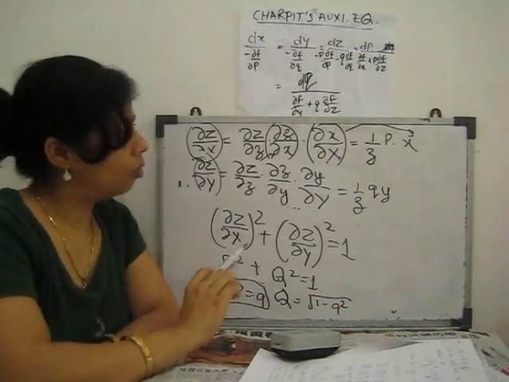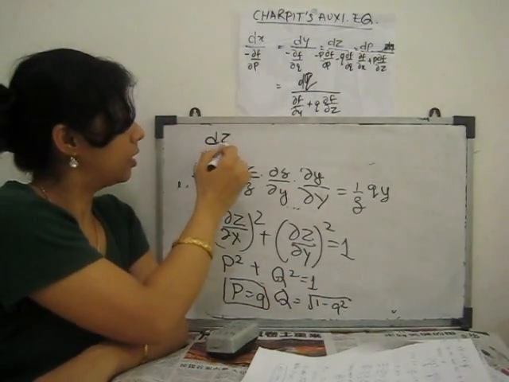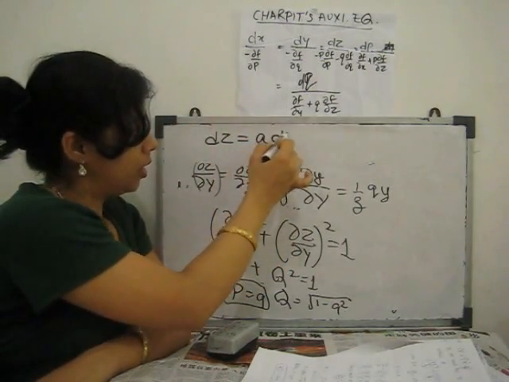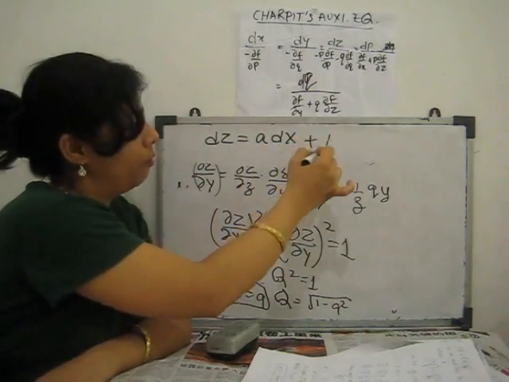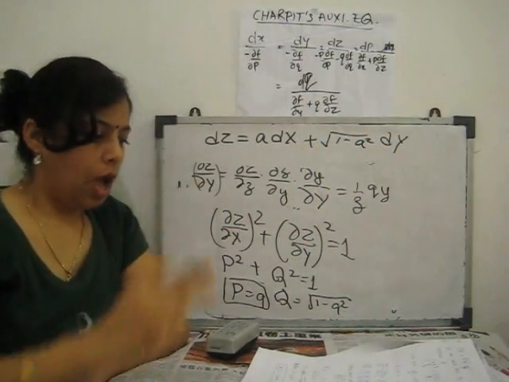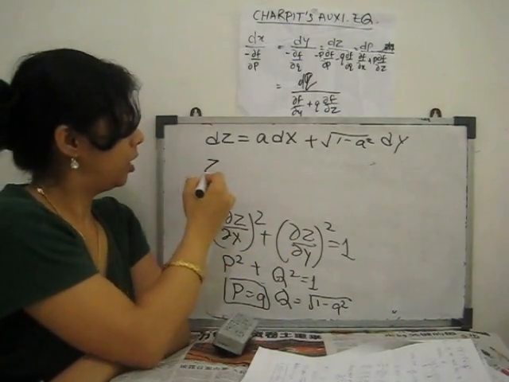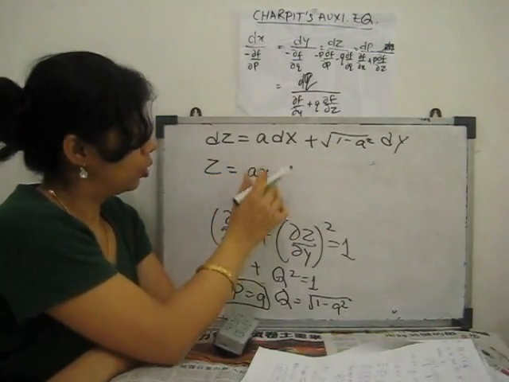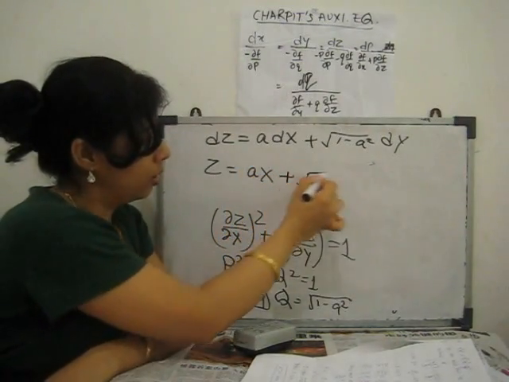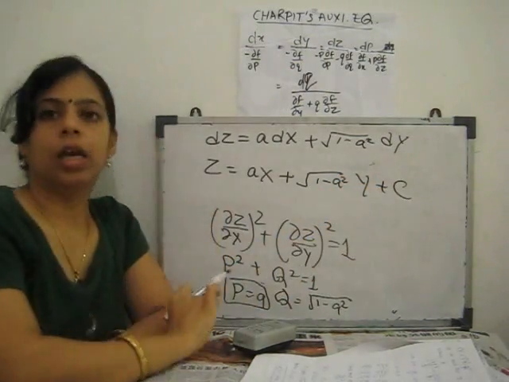Clear? Now, what is our solution? The solution is also capital dz equal to P dx plus Q dy, that is, a dx plus 1 minus a square dy. Clear? When this comes, we integrate: z equal to aX, sorry, not small x, you must write these symbols in capital, plus 1 minus a square of Y plus c.